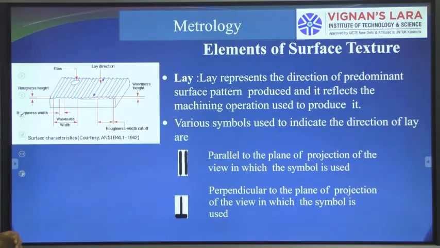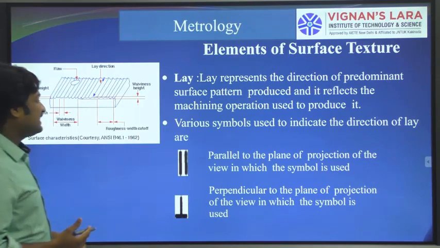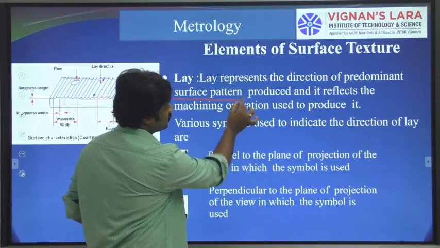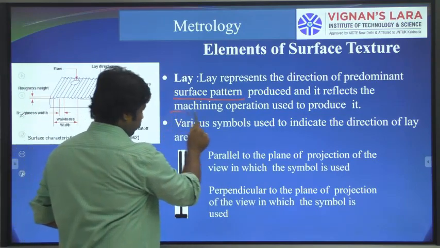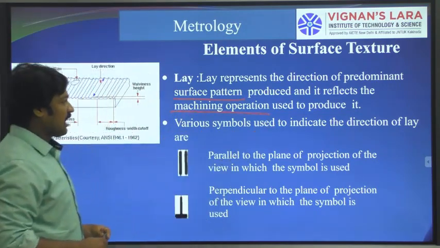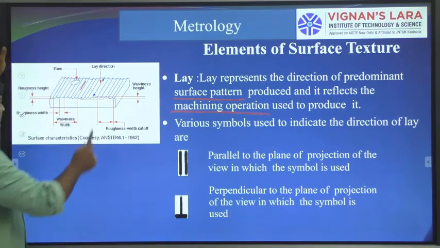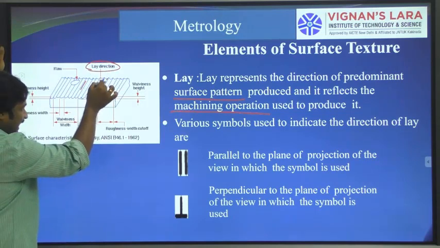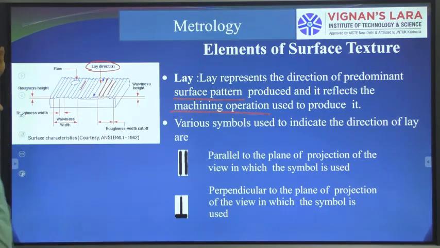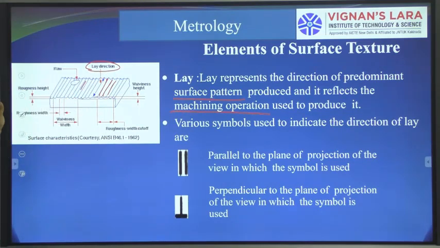Next, lay. Lay represents the direction of the predominant surface pattern produced, and it reflects the machining operation used to produce it. Here, these lines are called lays, and this lay direction indicates the direction of the lay.